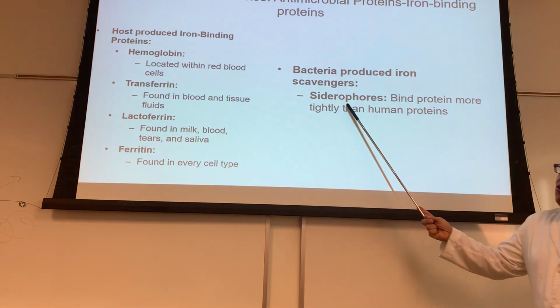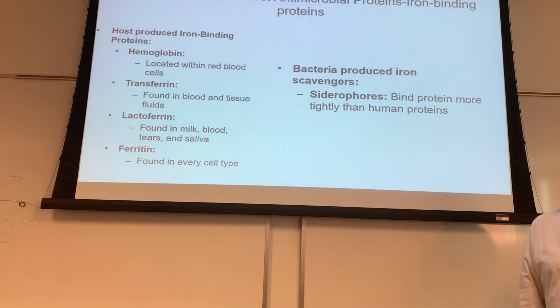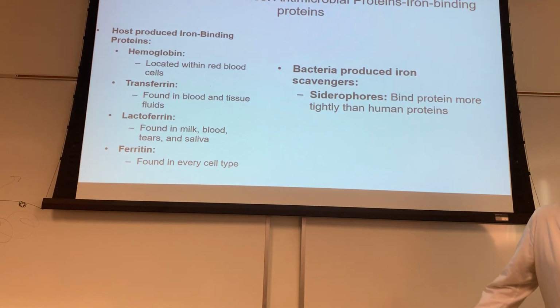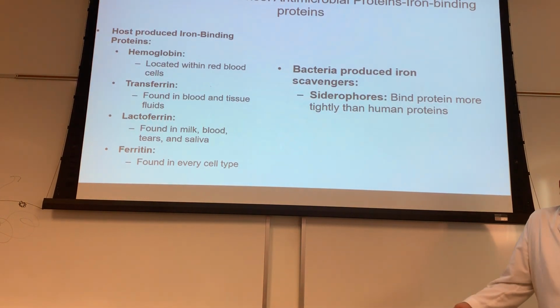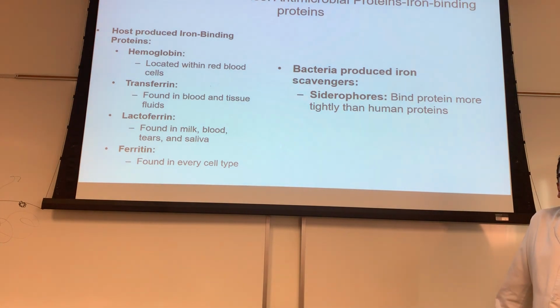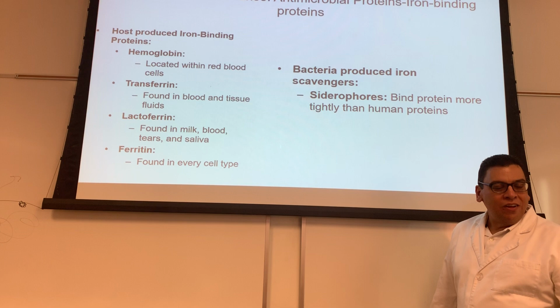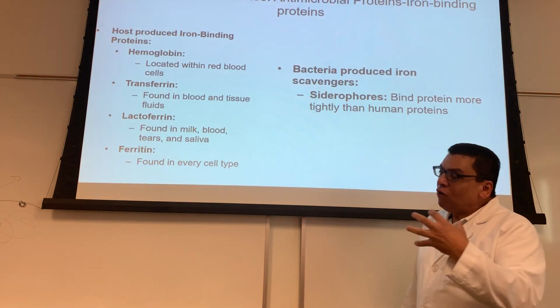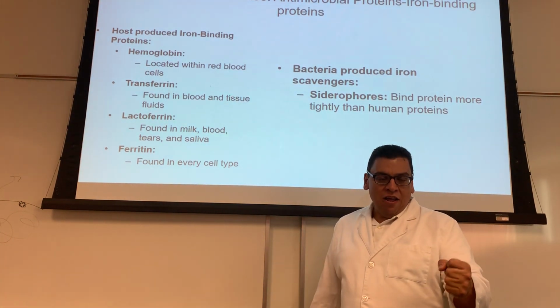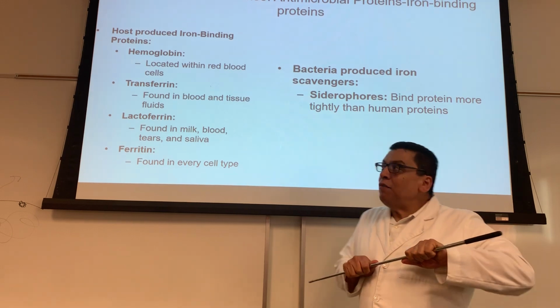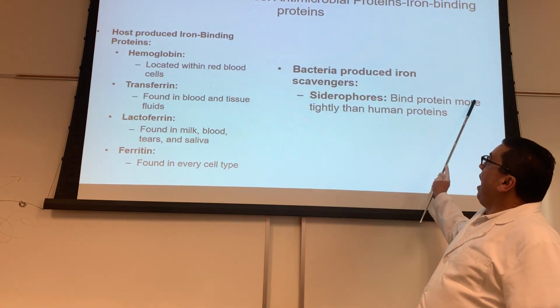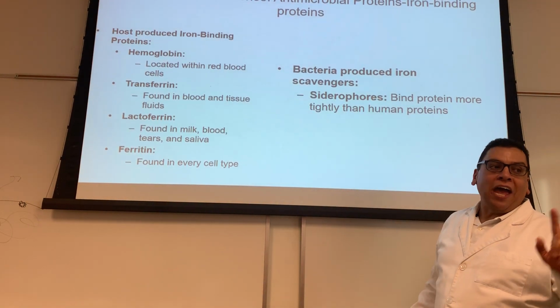So what do you think, bacteria that produce siderophores, will they survive? Of course they will. They figured out ways to get to your iron. All they do is say, just let it go. And I've got something that will really grab onto your iron. And even if you try to take it away from me, look at that. I hang on to it more tightly than you can.